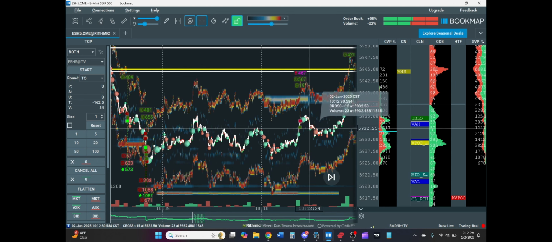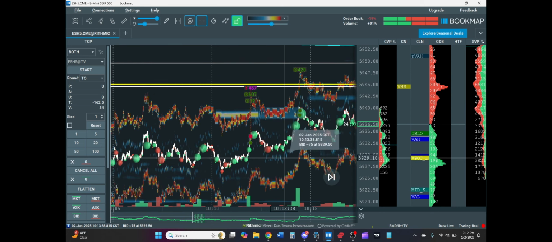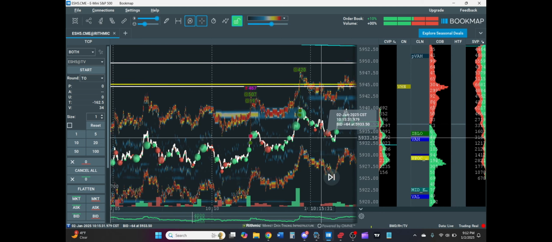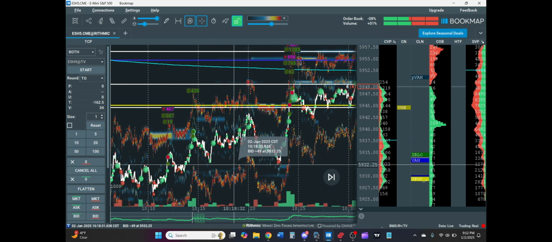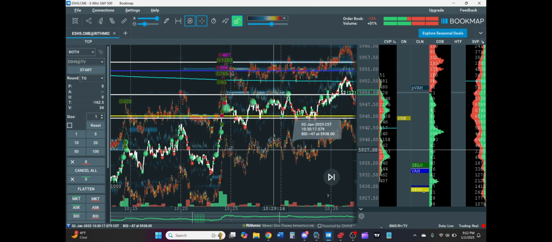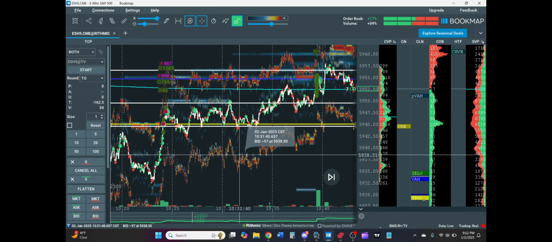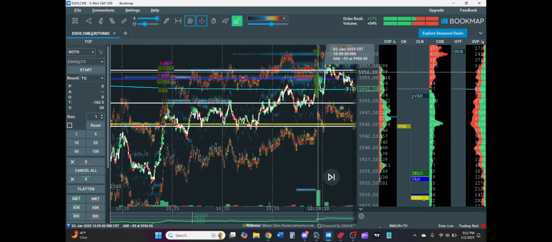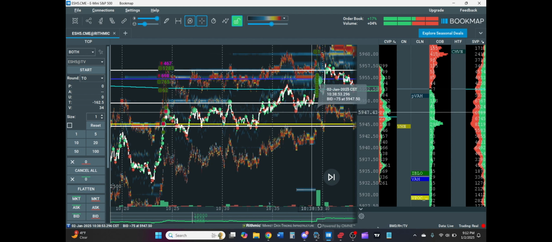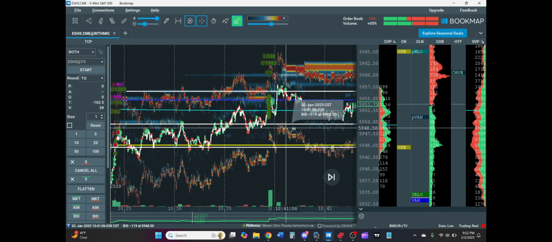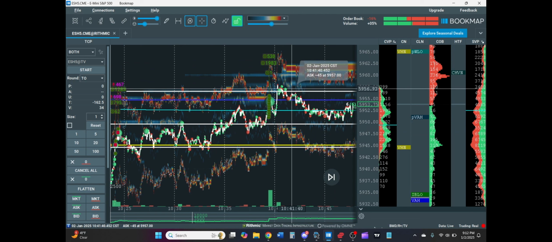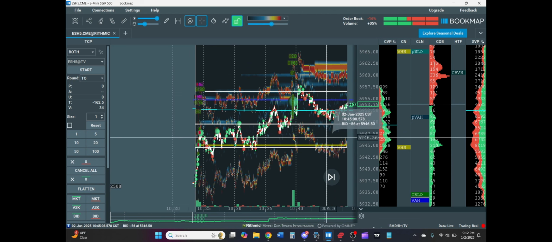At what point do we break out of this range? Still decent. Take it. Taking a stop. Come back, test this area.